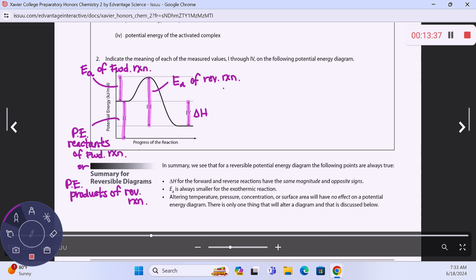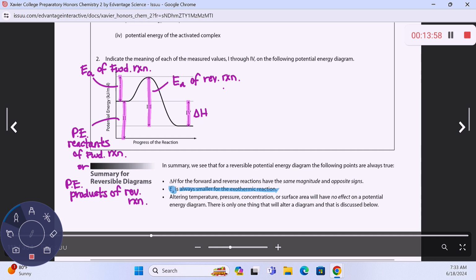A couple things that you should highlight at the bottom of this page would be the activation energy is always smaller for an exothermic reaction. So isn't this forward reaction exothermic?